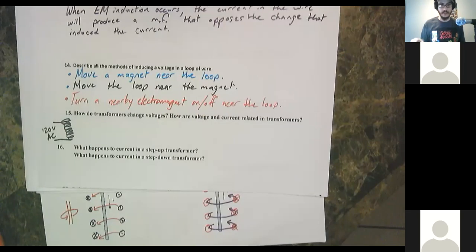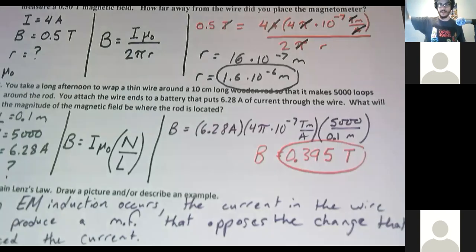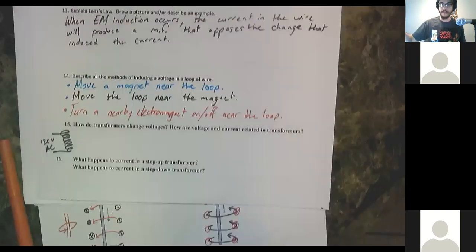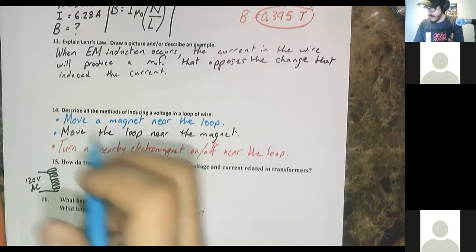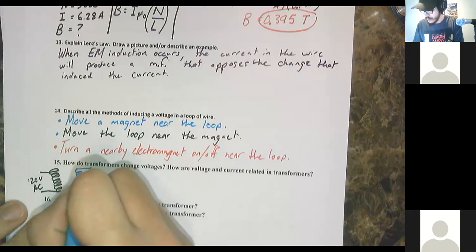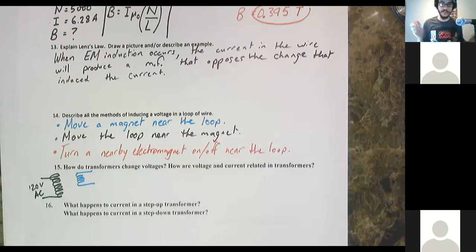Alternating current means that it's going this way, now it's going that way. Back, forth, back, forth. That is a change. Changes induce current. So the neighboring coil gets a current induced in it. If there's a different number of loops, it's a different amount of current.